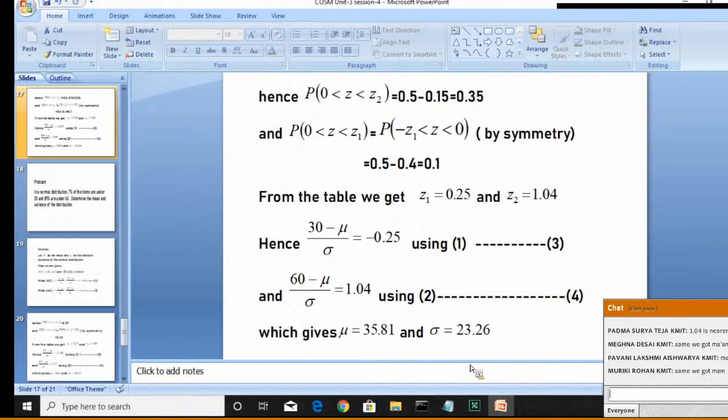Some more students find out the answer, whether it is tallying with what Aishwarya and Rohan have told. Rohan, you are from which section? Aishwarya, you are from which section? No, just your names are not familiar to me. You are not from B or C or ITB.